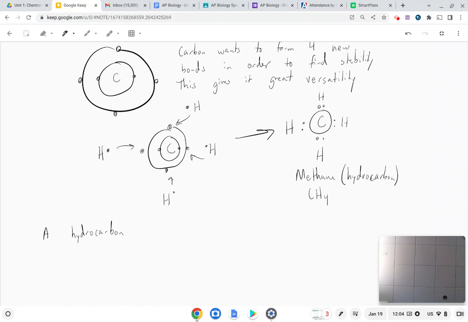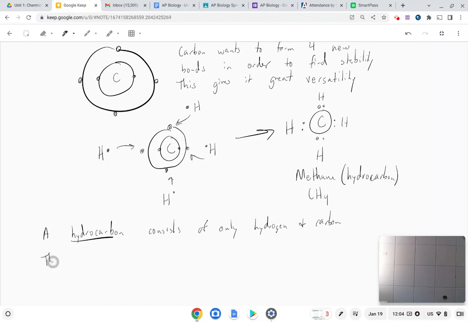So this is any molecule that's made of carbons and hydrogens. And there are just countless examples. There are so many examples of molecules that are made of just carbon and hydrogen. It's really easy to form those kinds of molecules. So a hydrocarbon consists of only hydrogen and carbon.